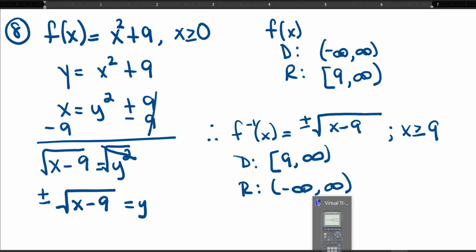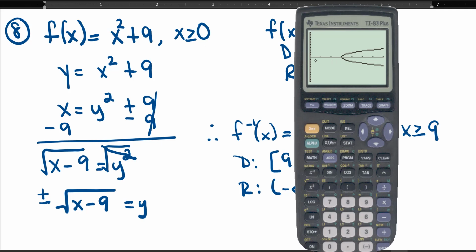Because if we go back, anything to the left of 9 will make this square root not possible, invalid. So 9 on up.